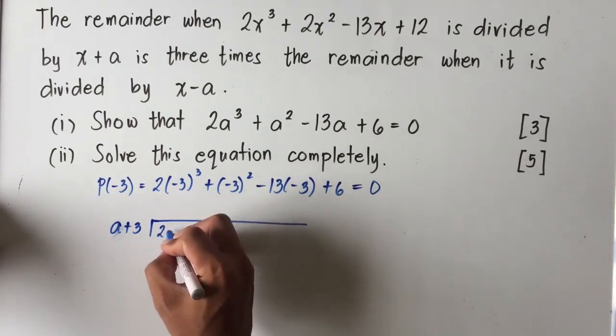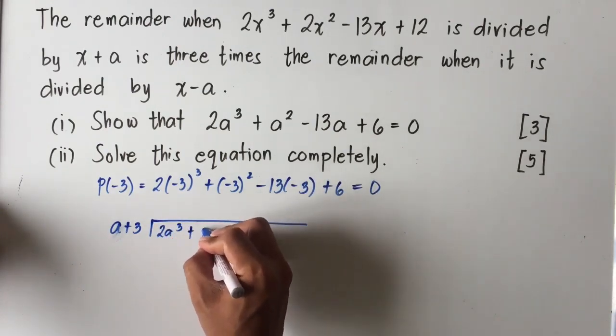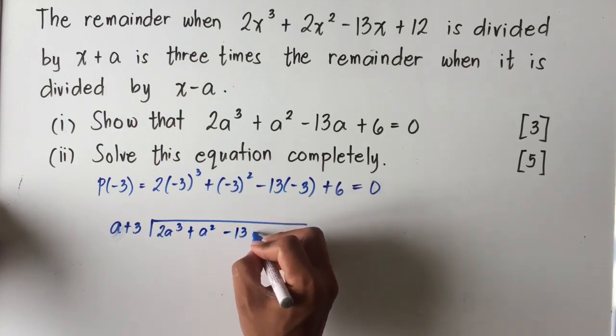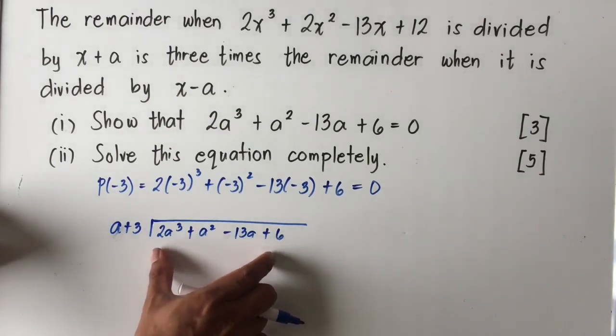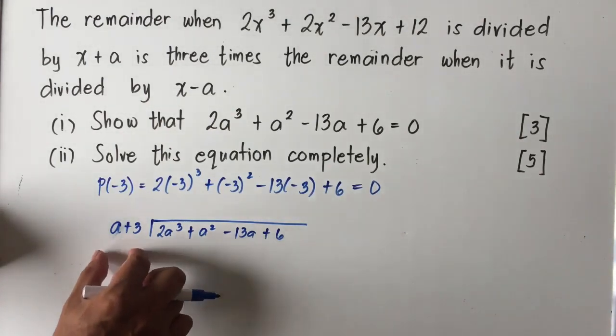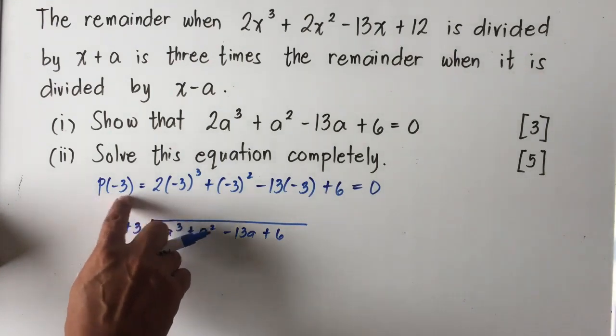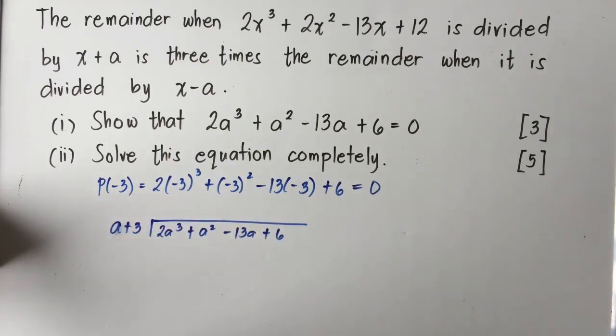So I have 2a cubed plus a squared minus 13a plus 6. Basically what I'm doing now is dividing this expression by a plus 3 because I saw that a plus 3 is one of the factors.